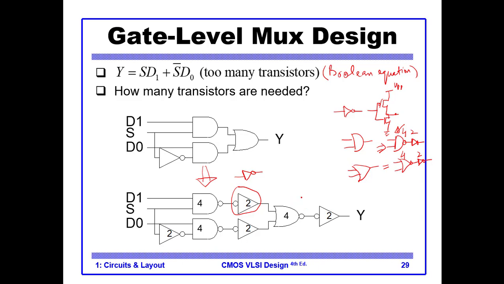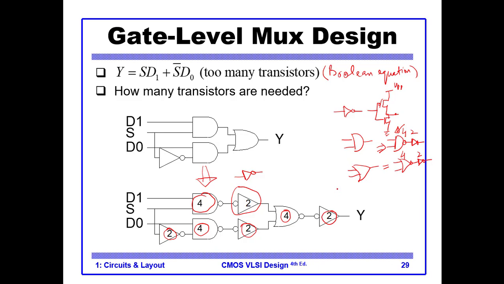Now counting the number of gates, we have 4 plus 4, 8, 10, 12, 14, 18 and 20.